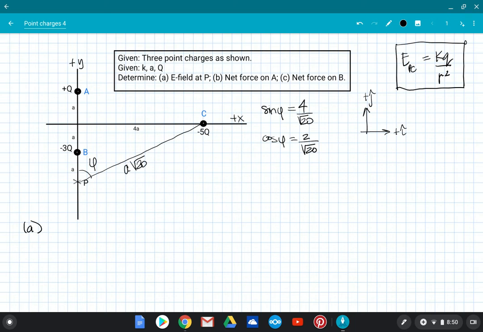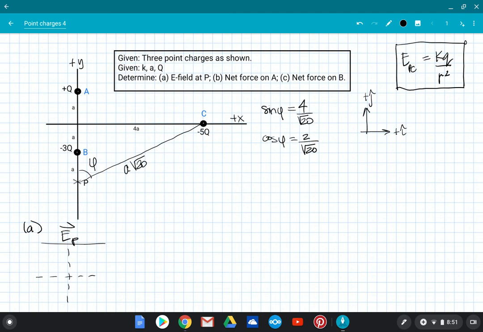So right away, I'm just going to draw a vector diagram for the electric field at P, and pause and give some thought to what this electric field looks like. If I look at point P here, I'm going to have a contribution from particle A, and particle A is a positively charged particle.